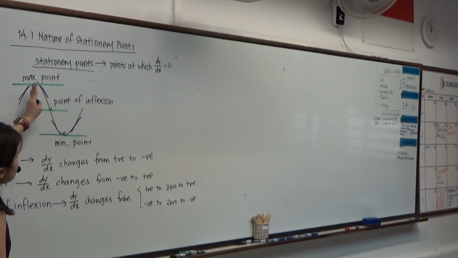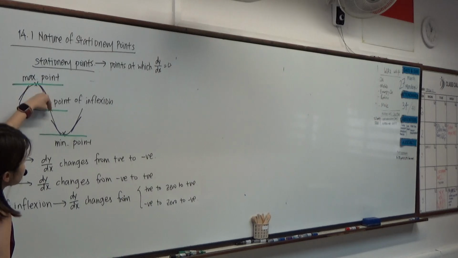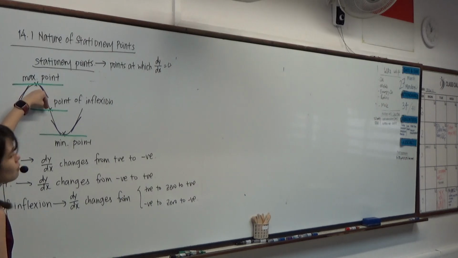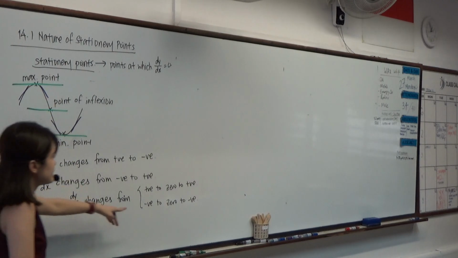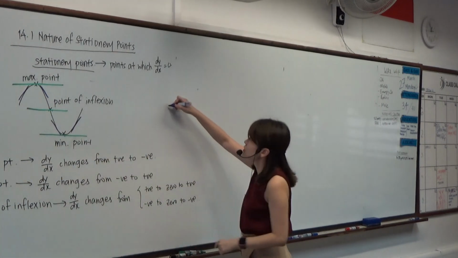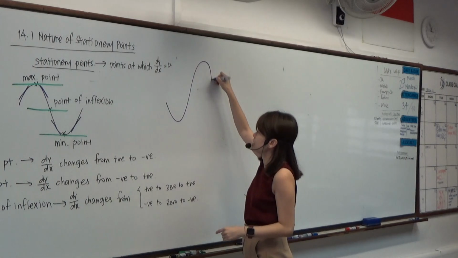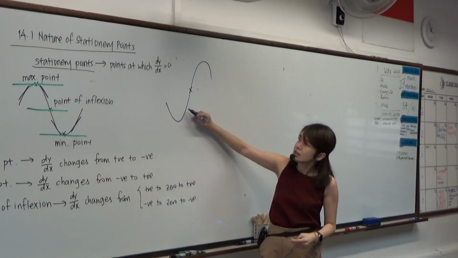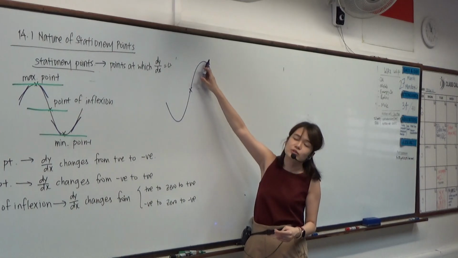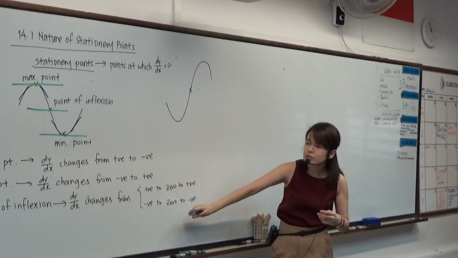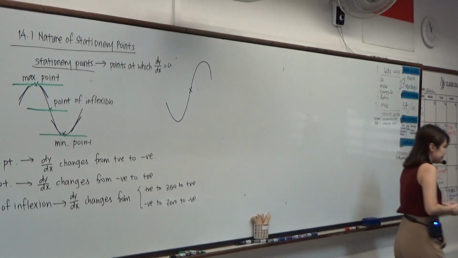On the left, in this particular case, it is downward sloping, so negative. On the right, it is still downward sloping, so negative. It is also possible for a point of inflection to have a gradient that is always positive on both the left and the right.